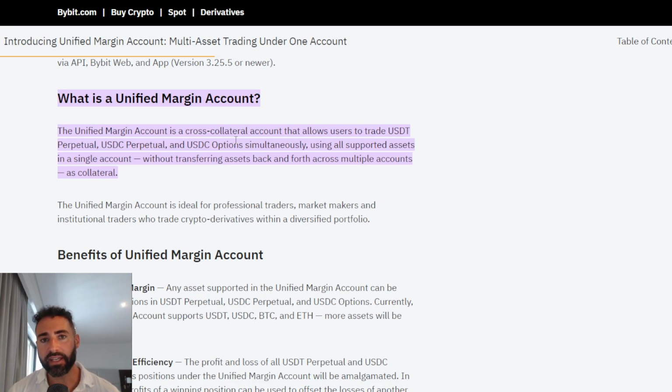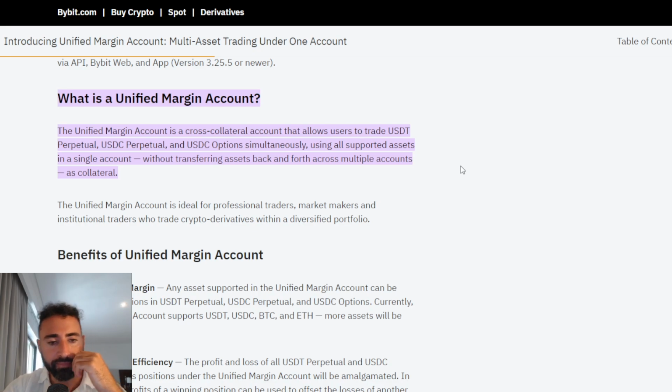In this particular style, your Tether gains from the perpetual contracts will offset the losses from the USDC options. Therefore, your liquidation price and your equity would remain constant in this case, because plus 100 minus 100 equates to zero. You're basically back where you started from. It makes hedging a lot easier. That is what the true purpose is here.